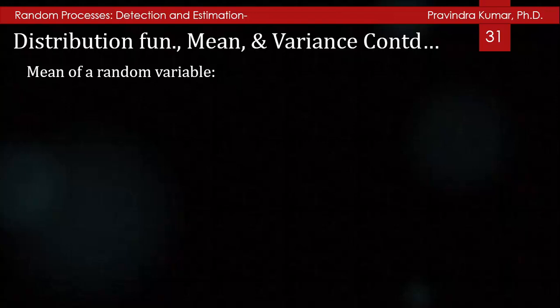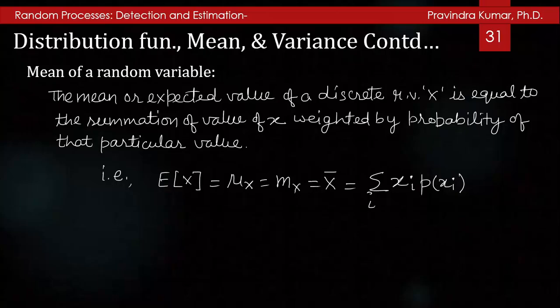The mean or expected value of a discrete random variable X is the sum of the values of the random variable x_i weighted by the probability of that particular value, P(x_i). It is denoted by E[X], or you can denote it as μ_X or m_X or X bar, and it is the summation over i of x_i P(x_i).